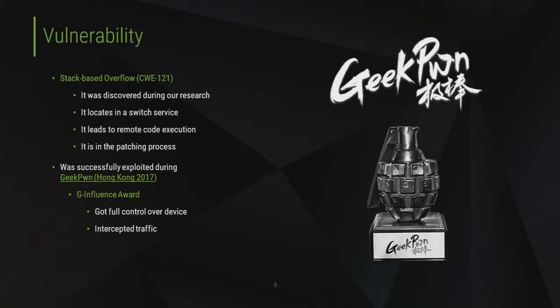The detailed information about the vulnerability will be disclosed after a patch is released. For now, we can only say the vulnerability is a stack buffer overflow that takes place when a malicious network packet is processed.